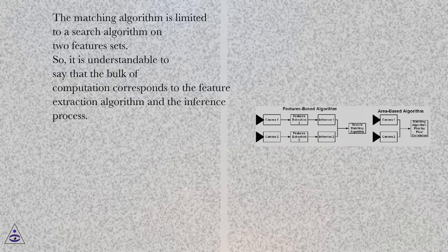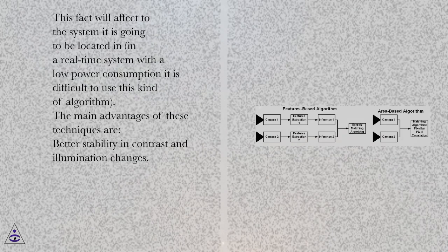The matching algorithm is limited to a search algorithm on two feature sets. So, it is understandable to say that the bulk of computation corresponds to the feature extraction algorithm and the inference process. This fact will affect the system: if it is going to be located in a real-time system with low power consumption, it is difficult to use this kind of algorithm.